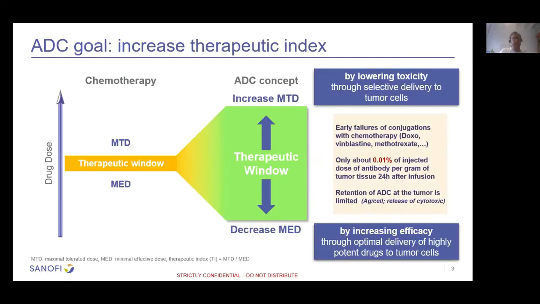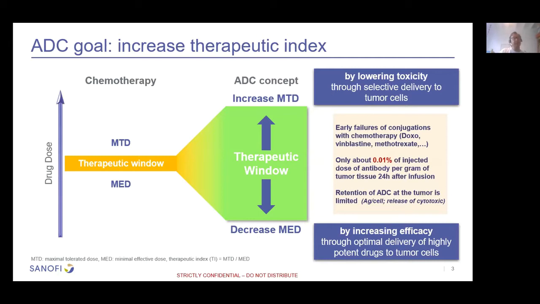As you also likely know, the concept of ADC is really to increase the therapeutic index of cytotoxic drugs that could not be used, as was proven in clinic in chemotherapy, due to their high toxicity.